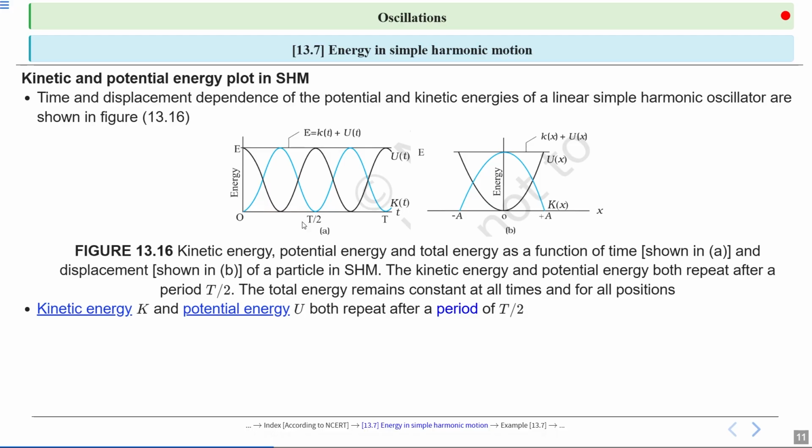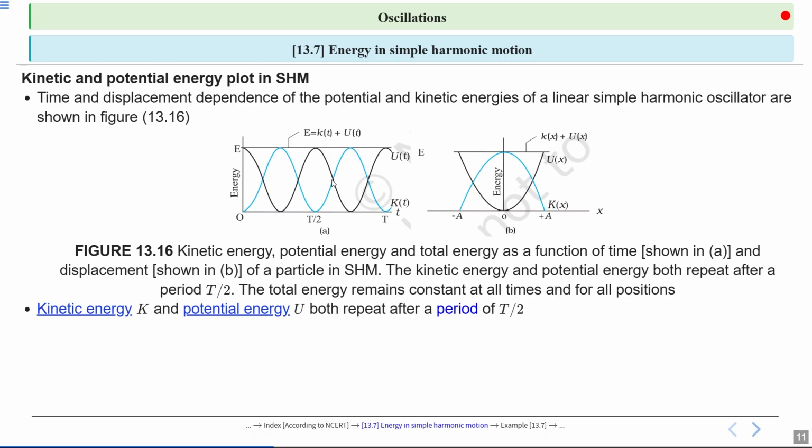So let's focus on the period of these energy changes. Both kinetic energy, which is the energy of motion, and potential energy, which is stored energy due to position, repeat their values every half period, or T divided by 2. That means if the full cycle takes 2 seconds, these energies repeat every 1 second.